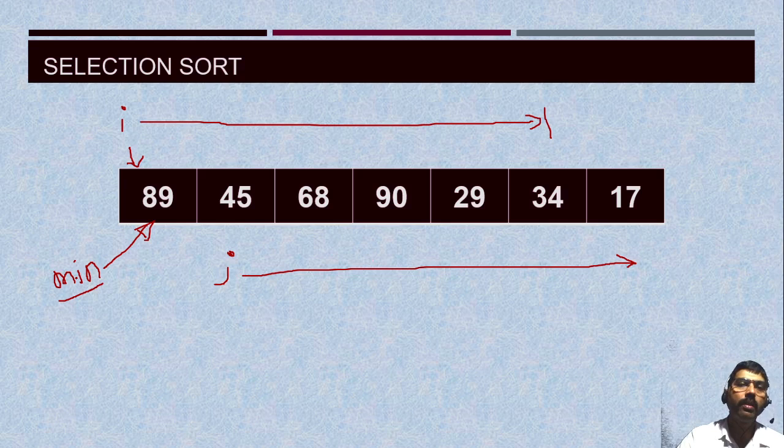For example, initially the minimum element is 89, and j is pointing to 45. Now this 45 is compared with the minimum, which is 89. It is smaller, so the minimum 89 is replaced with 45.